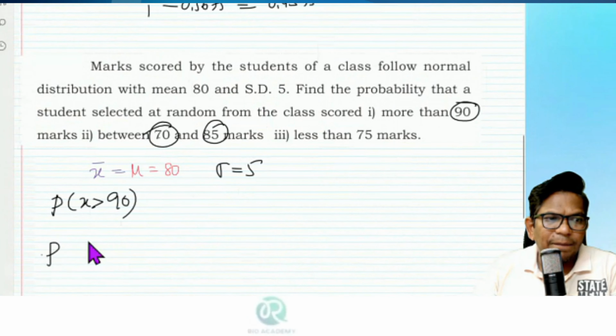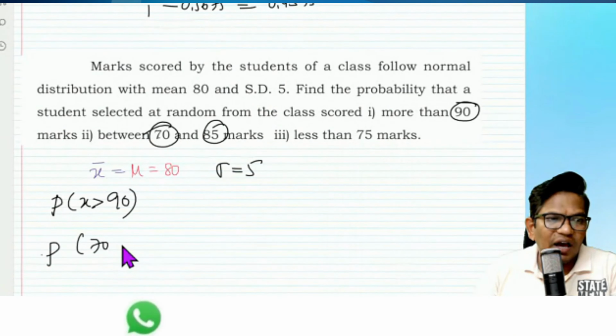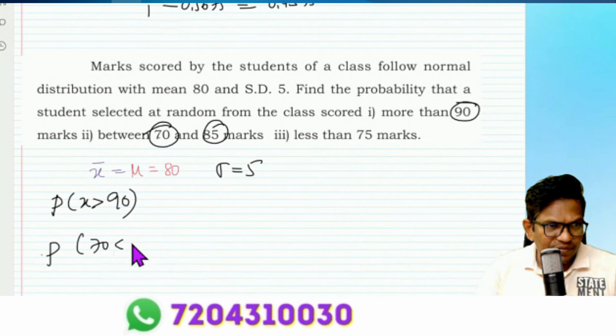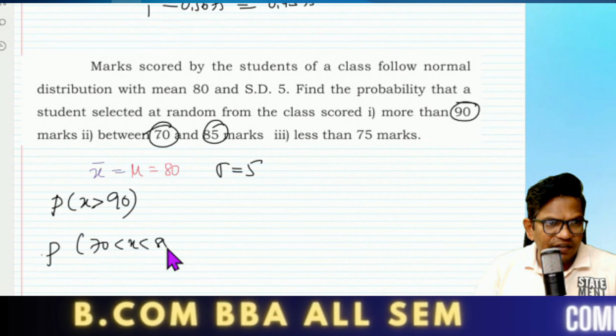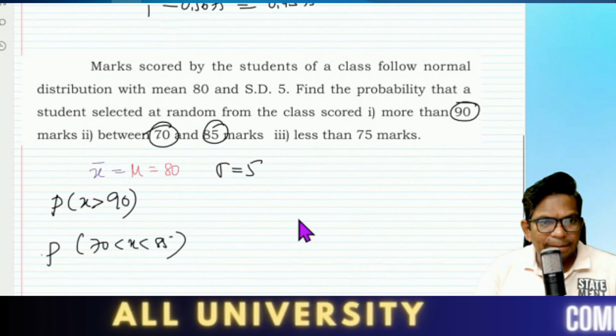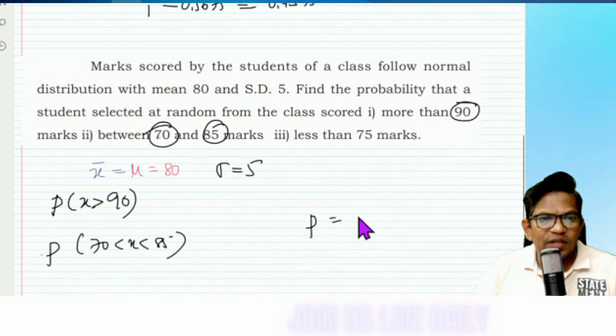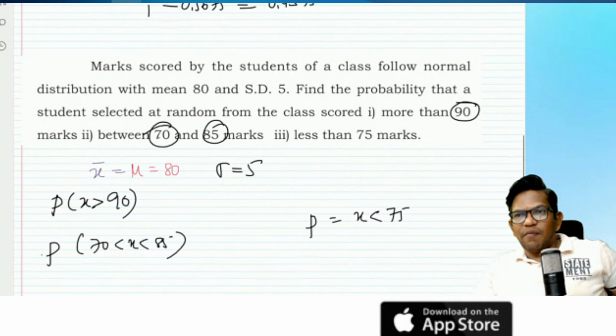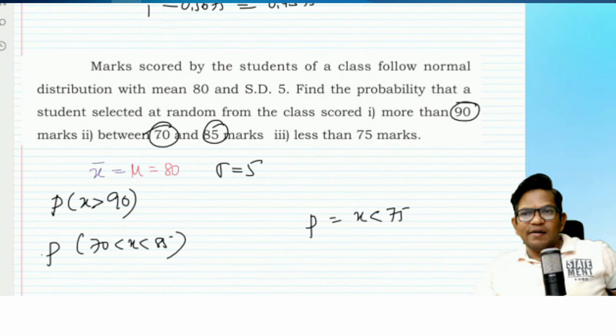And P is equal to what? 70. Right? And x less than 85. And P is equal to x less than 75. Solve it, children.